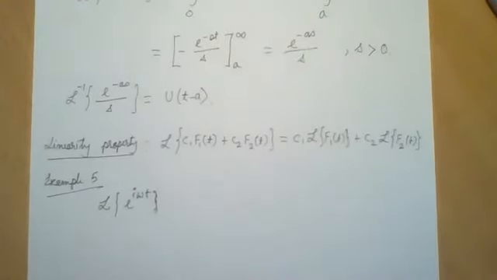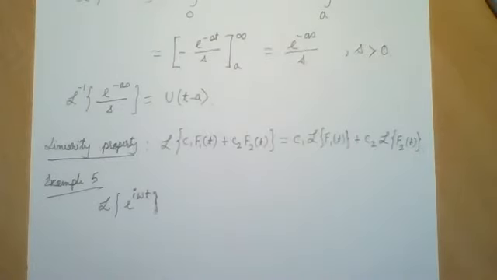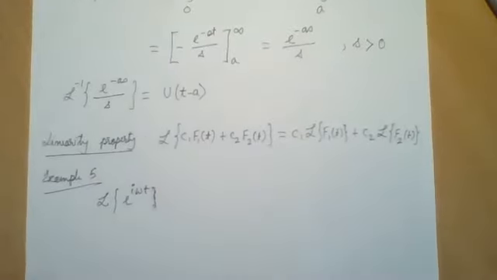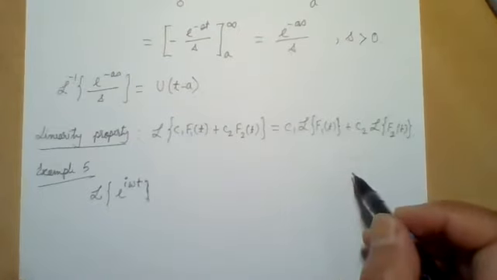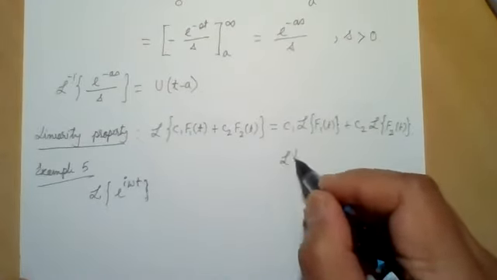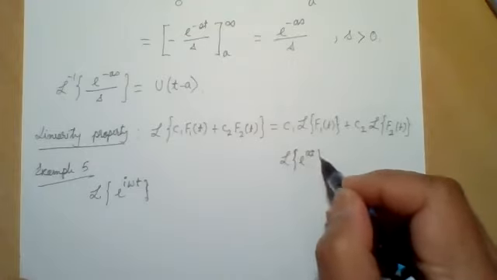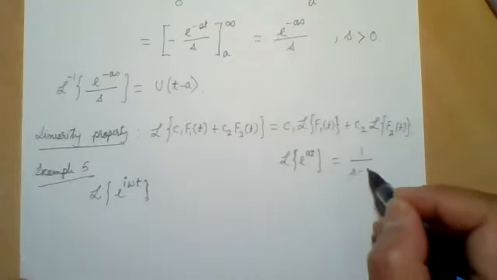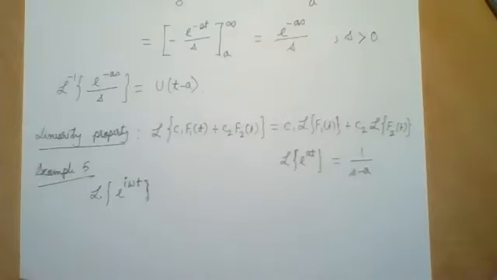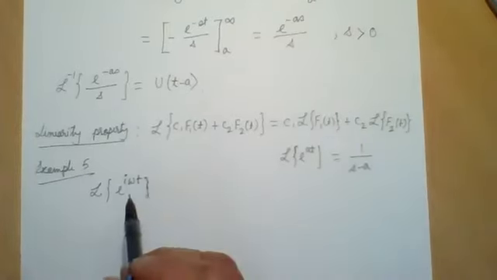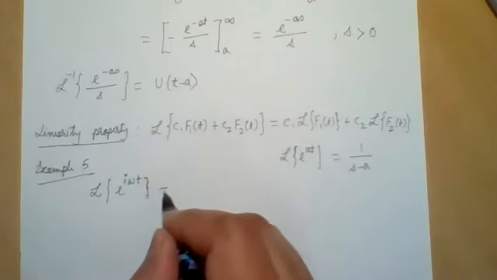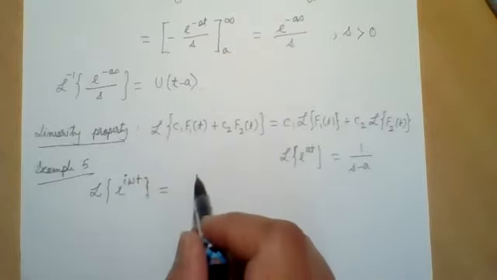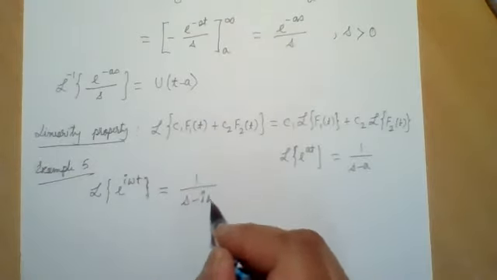Last time we saw that the Laplace transform of e to the power at is equal to 1 by s minus a. This we saw in our last class. So what is the value of a here? The value of a here is I omega. That means the Laplace transform of e to the power I omega t is 1 by s minus I omega.